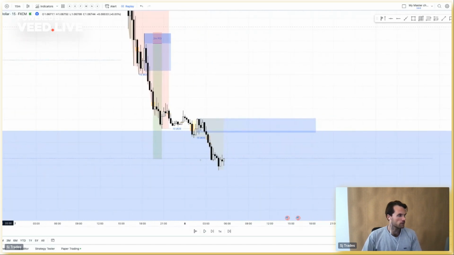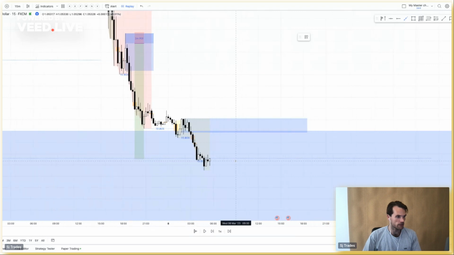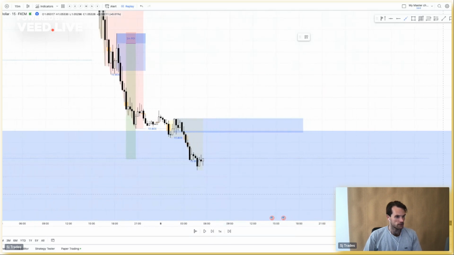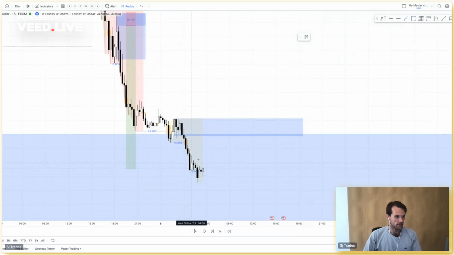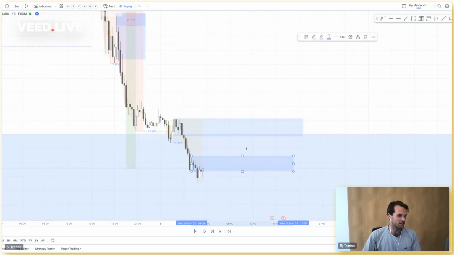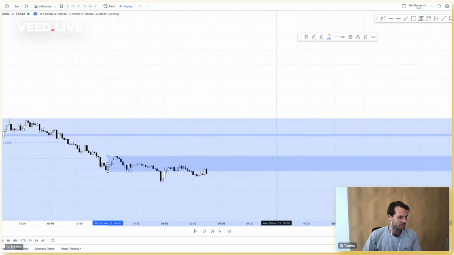Let's have a look. It's getting quite tight in here. Theoretically, you could take another trade, you know, if you're really desperate, where you couldn't take it on the 15. Let's see if there's any.